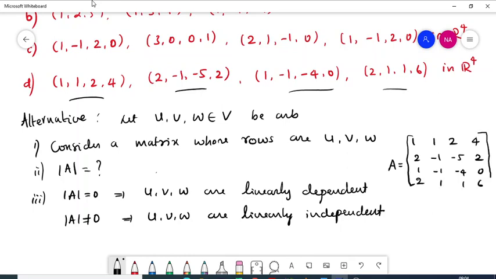Now find the determinant of this matrix. Definitely you must get determinant 0, because these are linearly dependent vectors. In case you get it non-zero, then the conclusion is these are not linearly dependent, or these are linearly independent. Okay, that is another way.